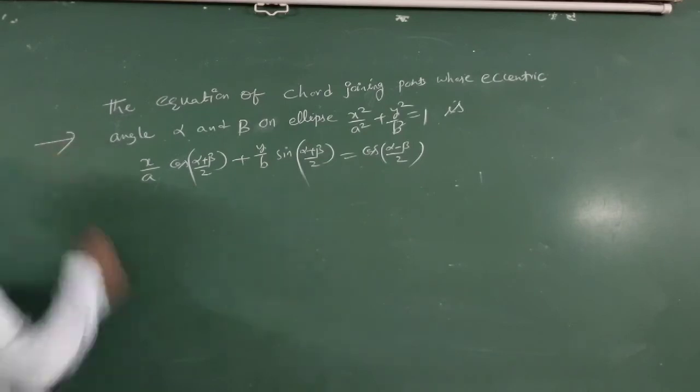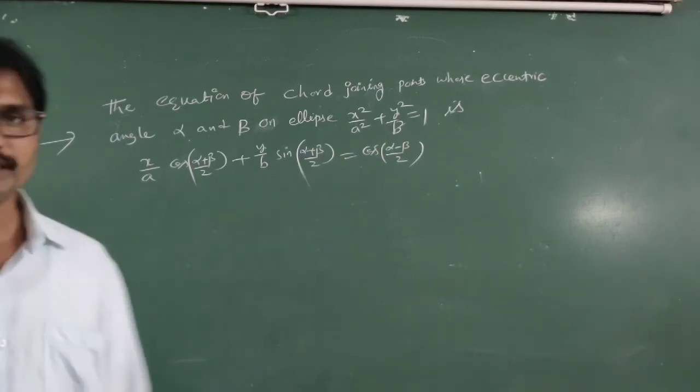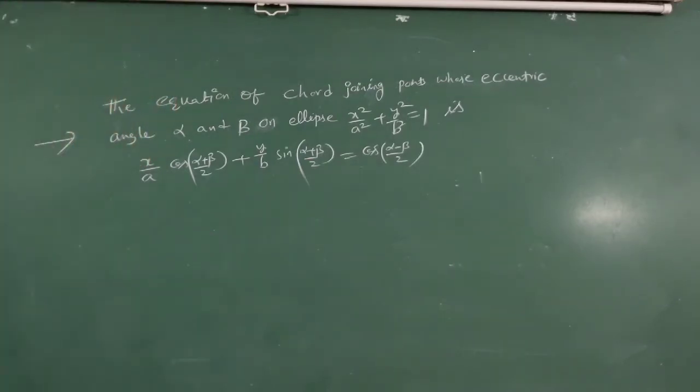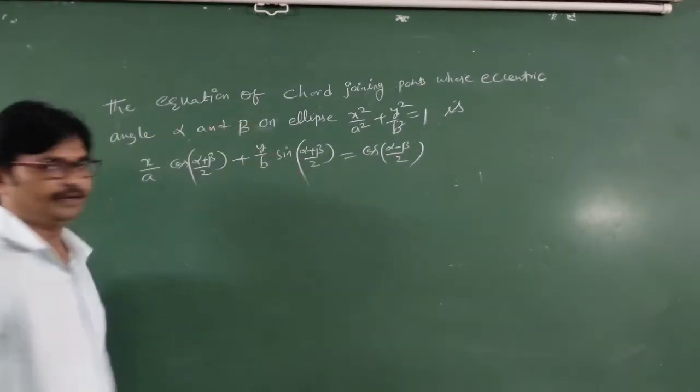So how to find this? x by a cos of alpha plus beta by 2, plus y by b sin of alpha plus beta by 2, equal to cos of alpha minus beta by 2. This is the equation of the chord joining the points whose eccentric angles are alpha and beta.